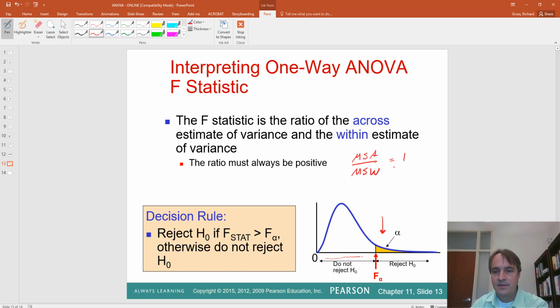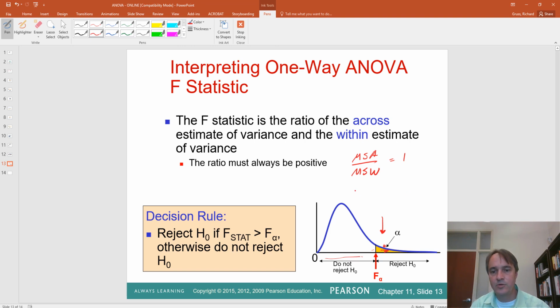So anything substantially larger than 1 is going to mean we have significant across group variability. So we want to see how far we are here, and this area under here will be the probability of observing a value this extreme if the null hypothesis is true. So we want this right tail over here.